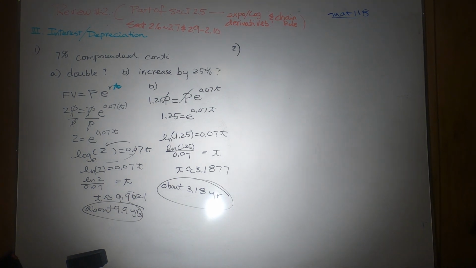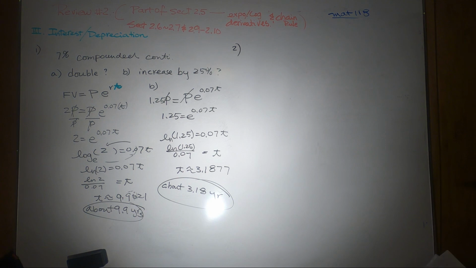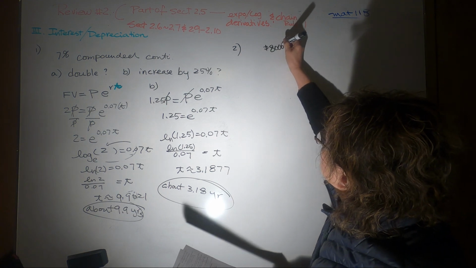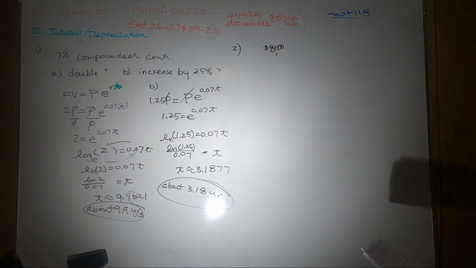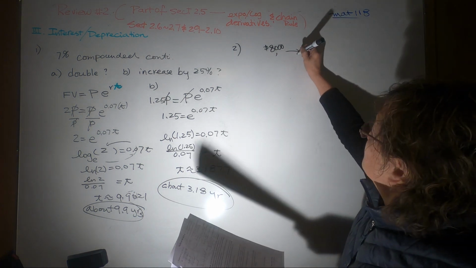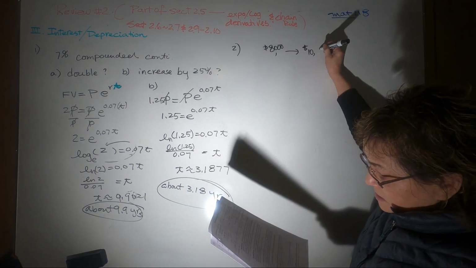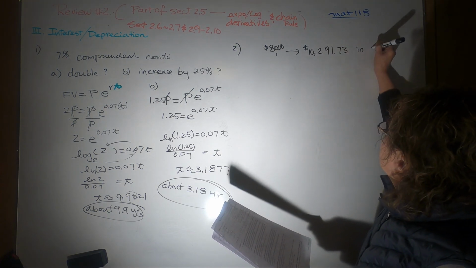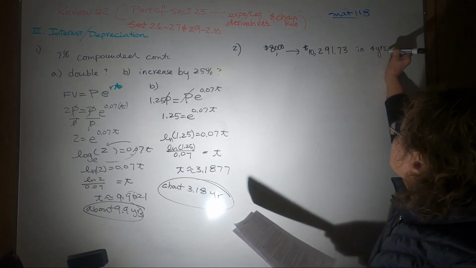Next one, rate of return. An investment of $8,000 grows to $10,291.73 in 4 years.